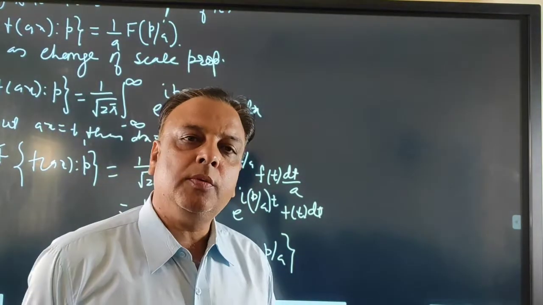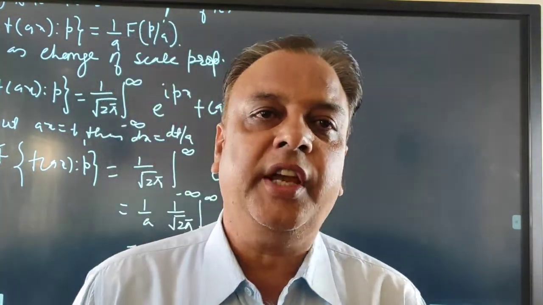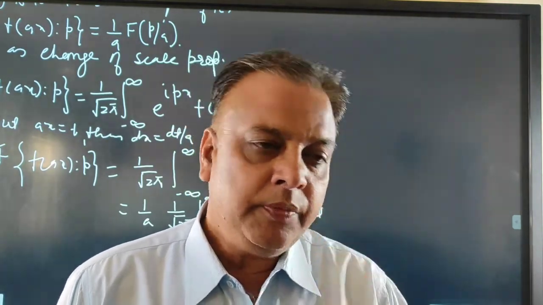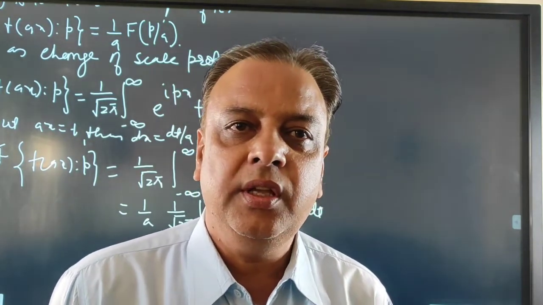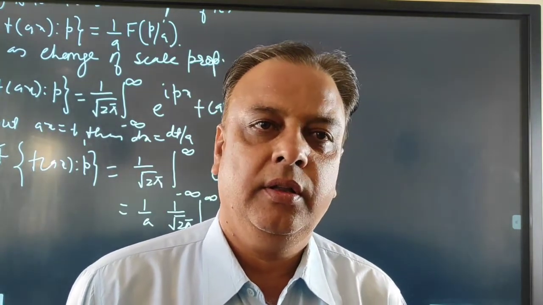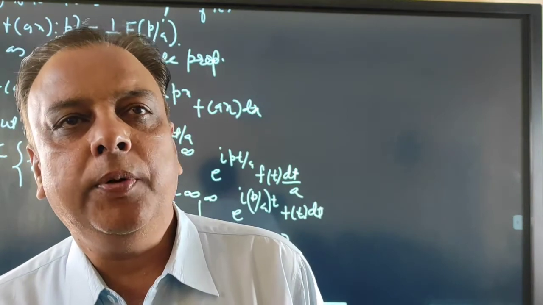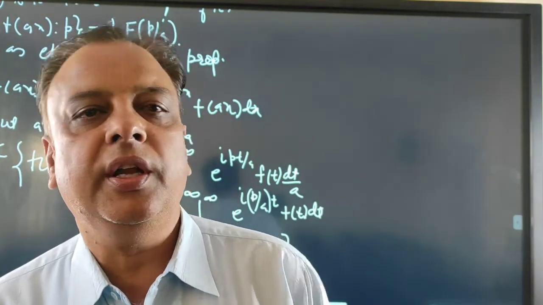This property can also be proved for the Fourier sine transformation and the Fourier cosine transformation. It is easily proved, as we know that the Fourier sine transformation of a function f(x) is Fs(p) equal to root 2 upon pi integral 0 to infinity f(x) into sine px dx.